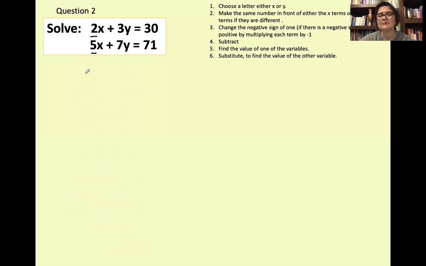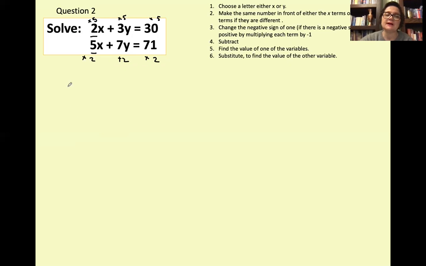So in this case, I'm going to find the lowest common multiple, and the lowest common multiple is going to be 10, which means I must multiply every single expression in the first equation by 5, and every single expression in the second equation by 2, because I must make the x's the same number. So I decided on the x's myself. If you like to change the y's, you go ahead.